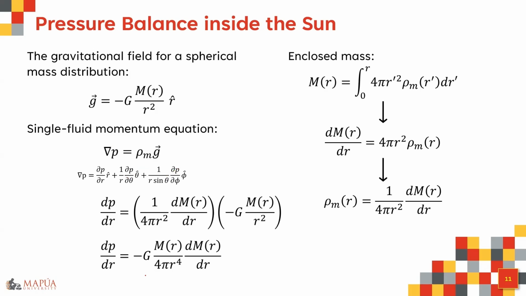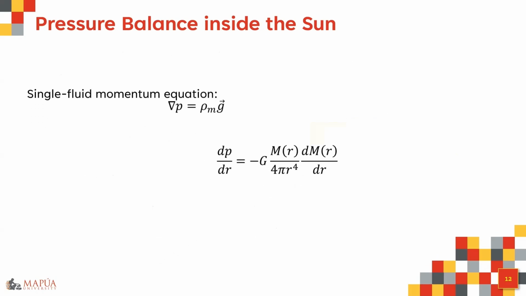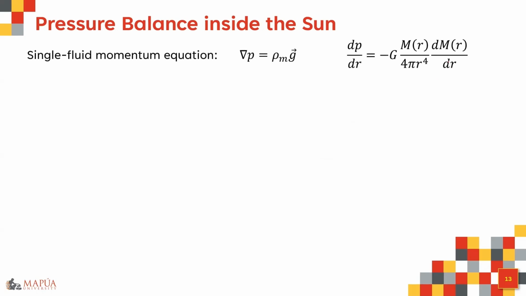Okay, this term gives you the variations of mass as a function of r, and this is your single fluid momentum equation that relates how mass varies with distance and how pressure varies with distance. Okay, now let's look at the pressure. How pressure varies with distance.